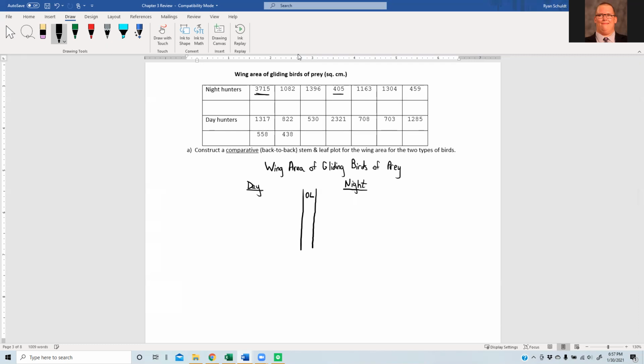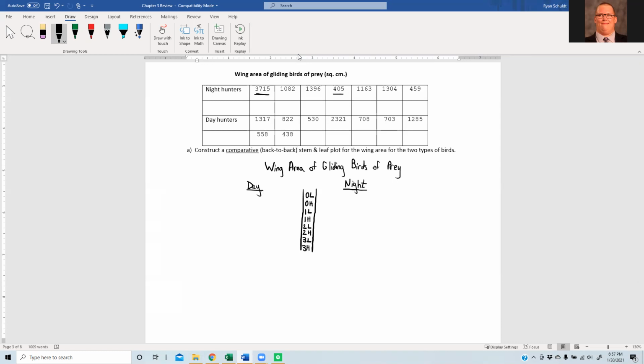So no thousand low, no thousand high. 1,000 low, 1,000 high. 2,000 low, 2,000 high. 3,000 low, 3,000 high. Now we get to space our distribution out.